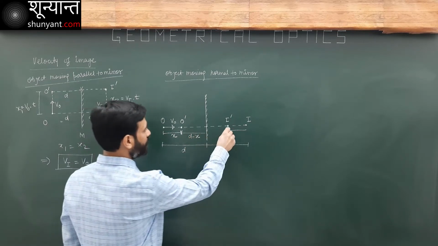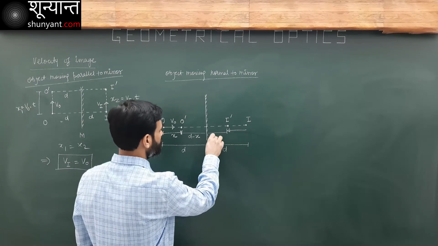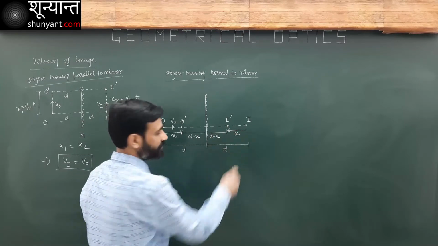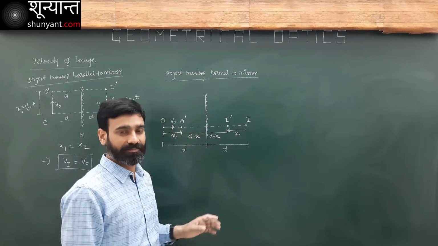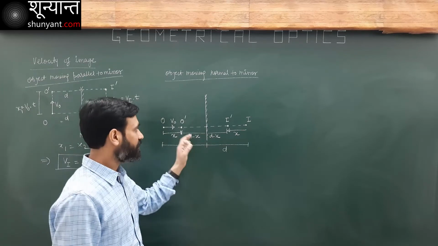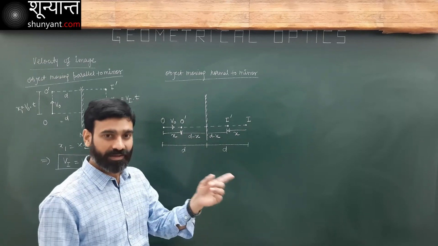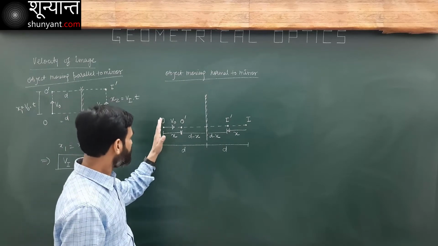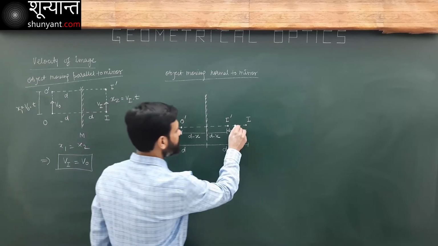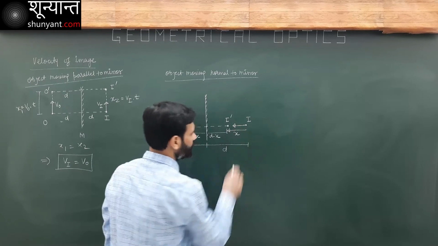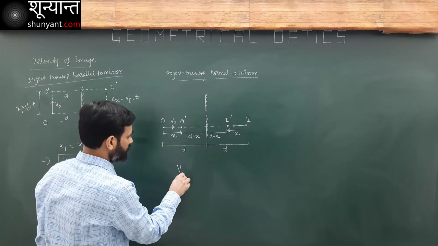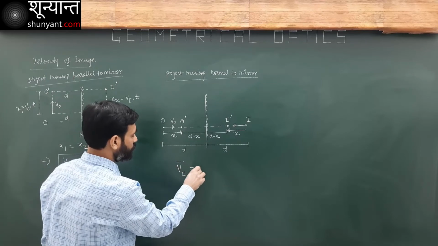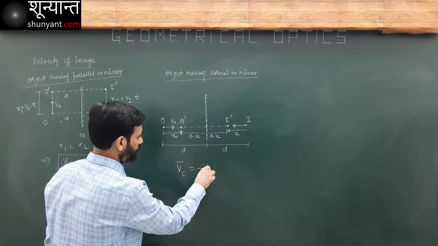Here also this distance is going to be d minus x. That means this is x. Both are moving the same distances, but in opposite directions. Object is moving towards right. Image is moving towards left. So normal to the mirror, velocity of image is going to be equal to minus of velocity of object.